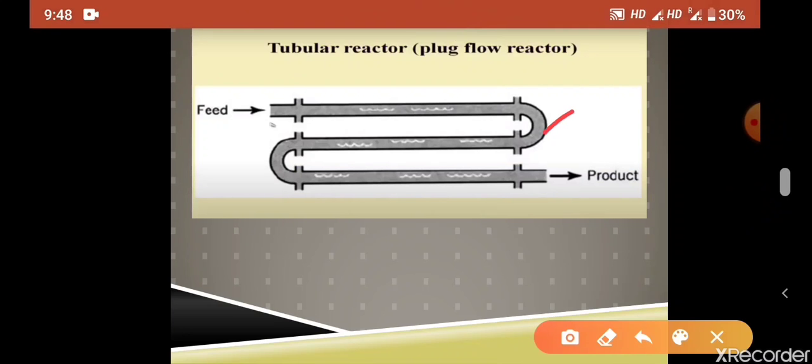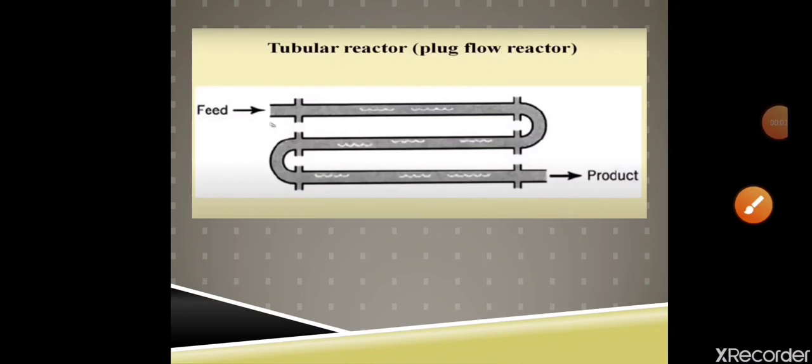You can see that liquid is fed in from one end and product is going out from the other end. It consists of a hollow pipe or tube through which the reactant flows, and where the reactant moves as a plug along the pipe.